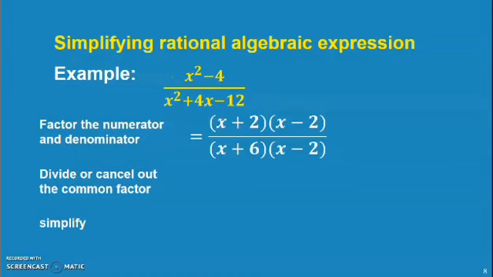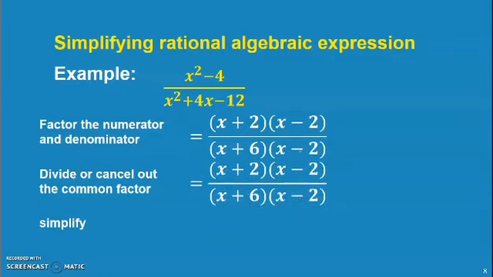Then, sa baba, denominator natin is x plus 6 times x minus 2. Common factor natin is x minus 2. Cancelled out. So, the remaining is x plus 2 all over x plus 6.